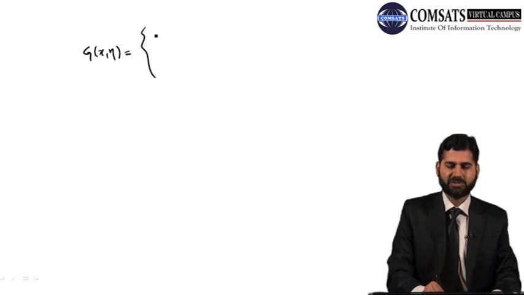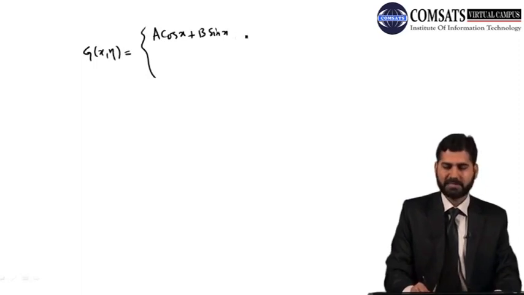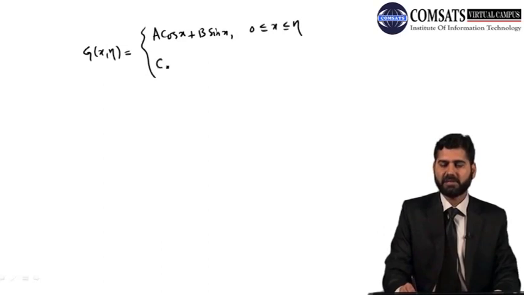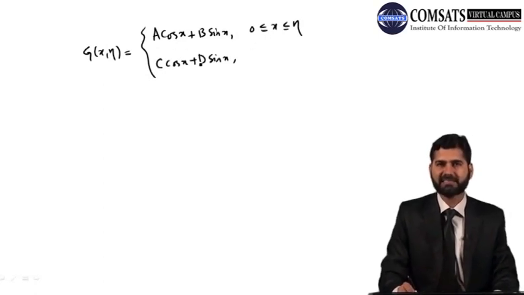But as g is defined differently in x less than eta and x greater than eta, your g(x, eta) should have this form: a cosine x plus b sine x in this interval, and similarly c cosine x plus d sine x in the other interval, because in both the intervals whenever x is not equal to eta we have this type of solutions.